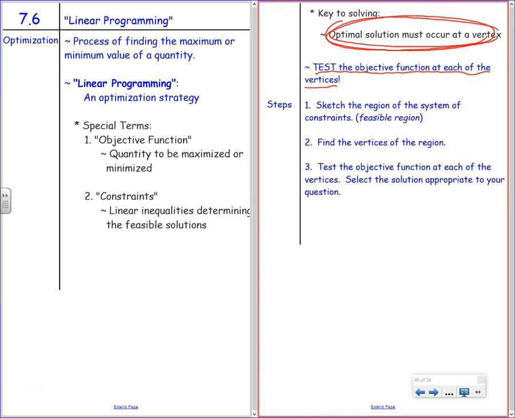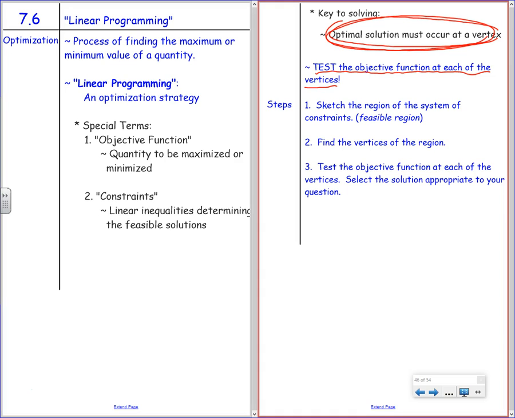So, let me give you a few steps. Number 1, sketch the region of the system of constraints, all of what we did in section 7.5. Sketch the inequalities, but you might have to read a problem and get your system before you can sketch it.